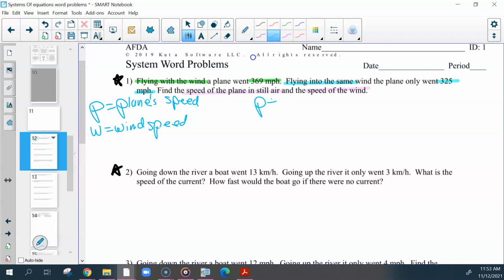So I can say P plus W equals 369. If a plane is flying into, in this case, the same wind, it's going against it. It's not getting that same push. So because it's now not getting that same push, we're going to subtract that wind, P minus W equals 325, which is why it's going a little slower.